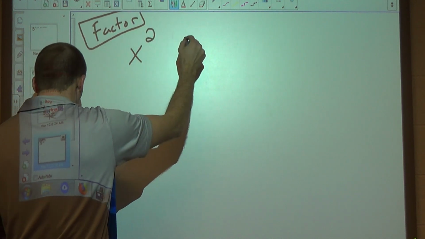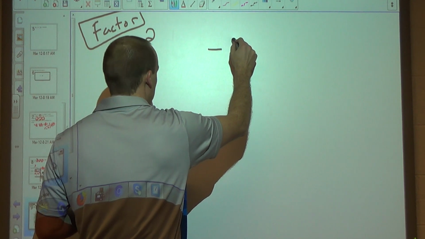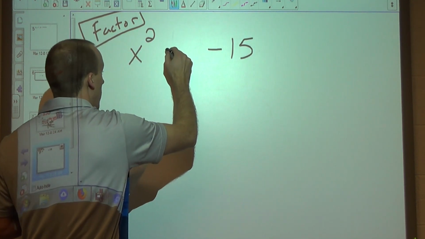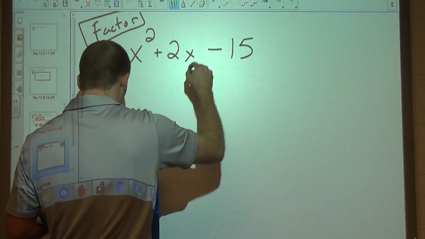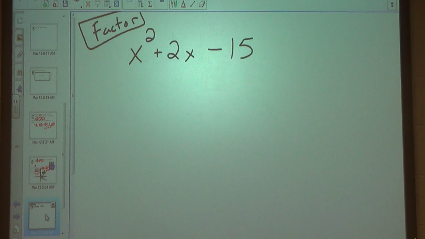So the question here just says to factor. So the direction would be just to factor. So x squared minus 15, and then plus 2x. Okay? So I want you guys to factor that on your paper.